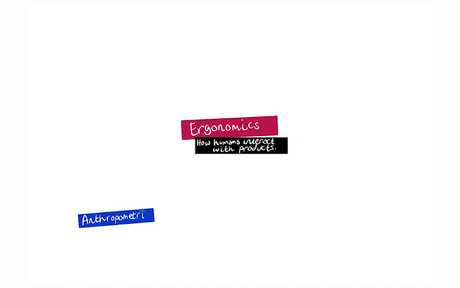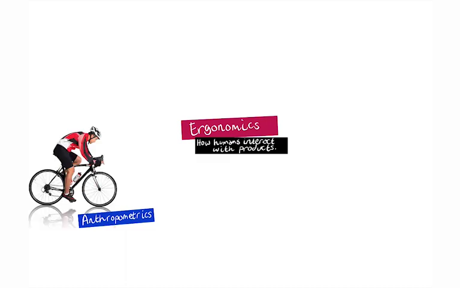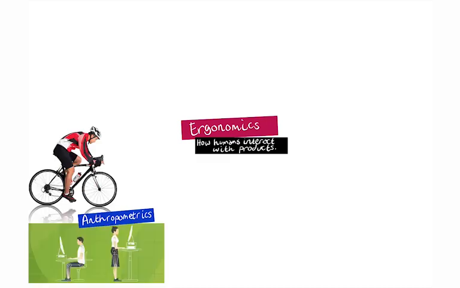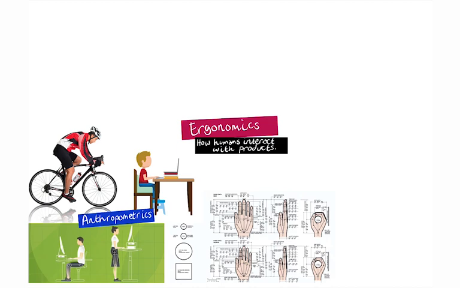Let's start first of all with anthropometrics. Anthropometrics is quite a complicated word, but really what it concerns is human body part sizes. So the designer will consider human body part sizes when designing products.